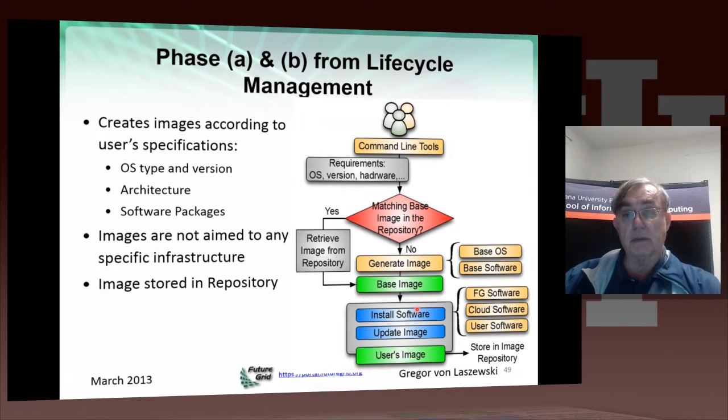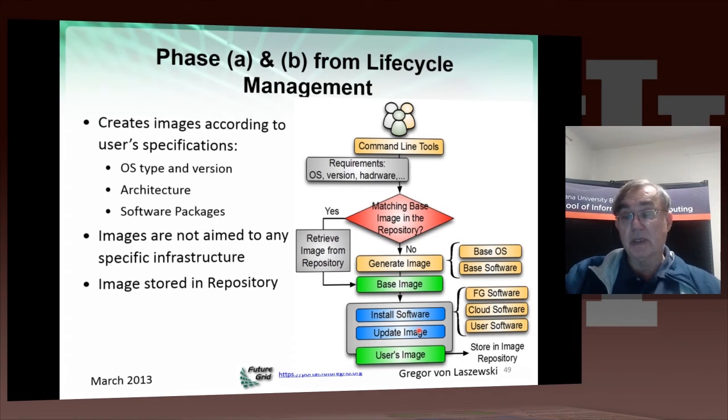If we look at this picture here, we actually check to see if this image exists already. We do this by getting a base image, or rather, seeing if the base image exists already. That gives you the core thing you build on top, and then you install the software and update the image.